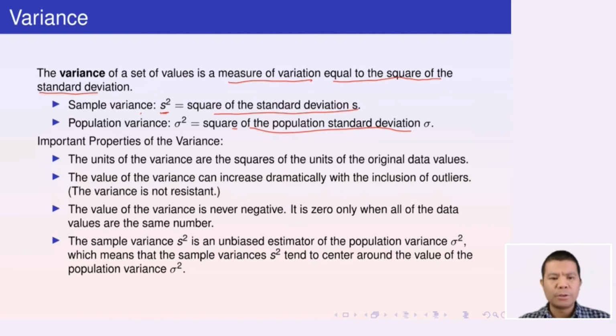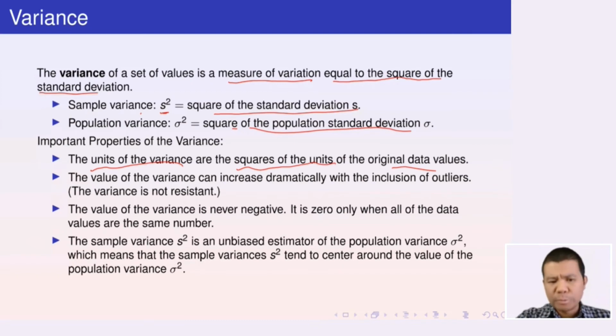Here are some important properties of the variance, because it is the square of the standard deviation. The units of the variance are the squares of the units of the original data values. Since the standard deviation shares the same unit as the original values, the variance is the square of that unit.